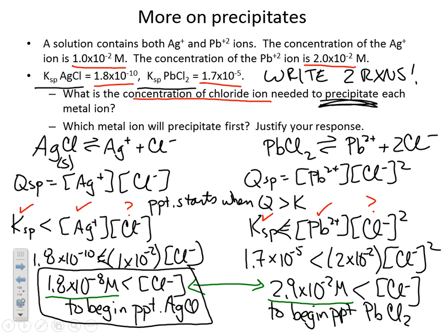It's a smaller value. So the answer, you'd simply say AgCl requires less chloride to begin precipitation. Requires a smaller chloride concentration. And that's it. So that's our Q problems in a nutshell.